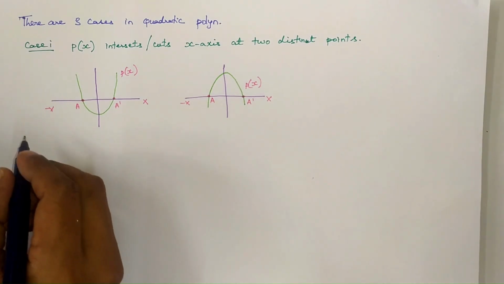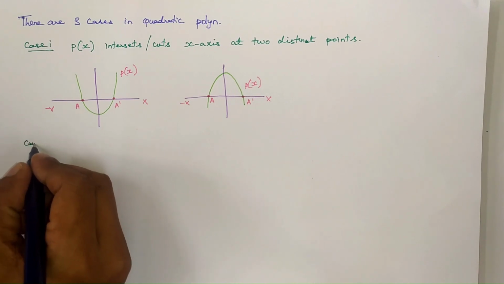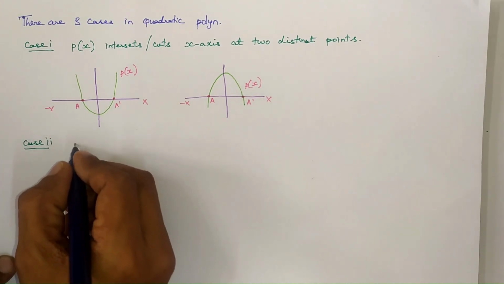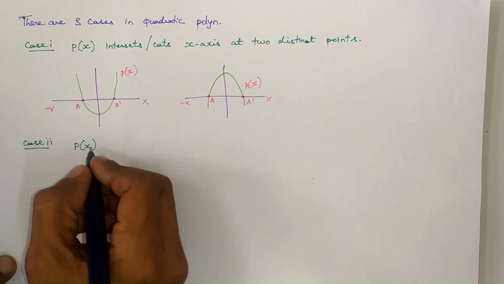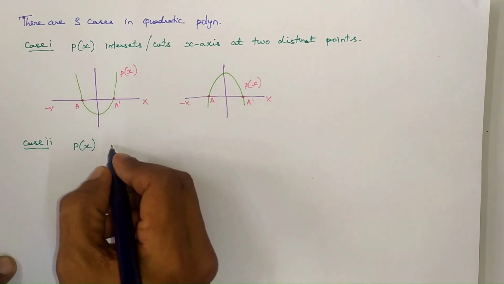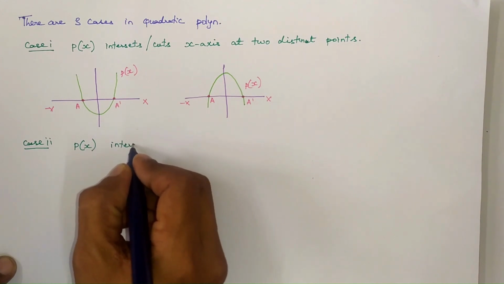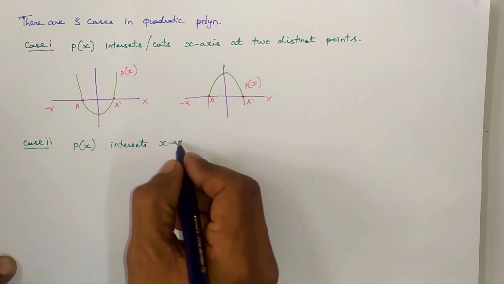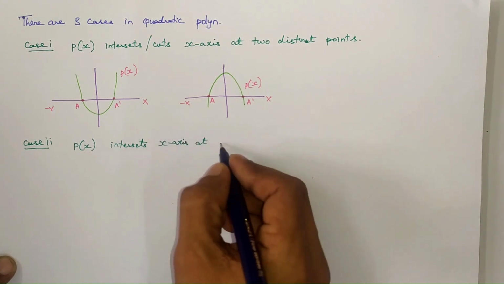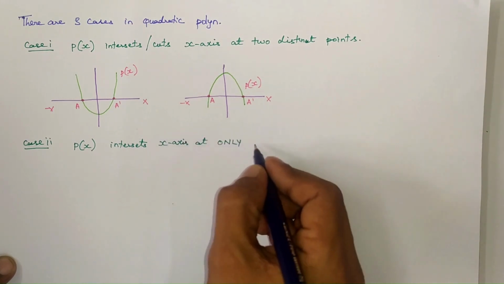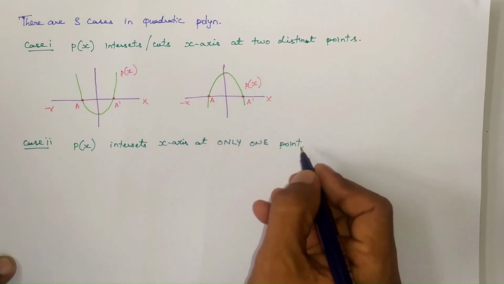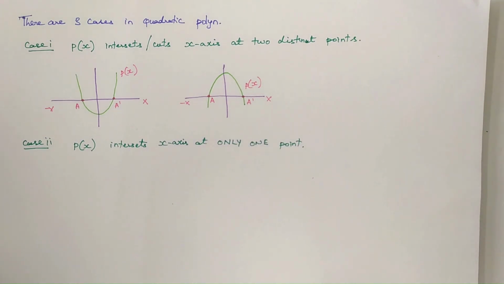So the second case is case 2. The polynomial p of x intersects the x-axis at only one point. So how will the graph be?